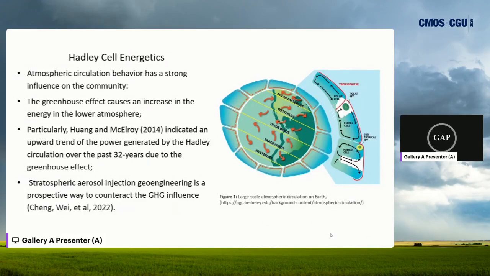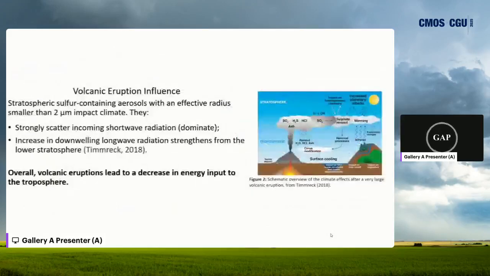But before doing it artificially, we should study it naturally. The natural injections are volcanic eruptions. So when sulfur aerosols reach the stratosphere, they affect the lower atmosphere climate. In total they decrease the quantity of incoming downward shortwave irradiation and decrease the temperature of the troposphere and the energy which we have in the troposphere also.